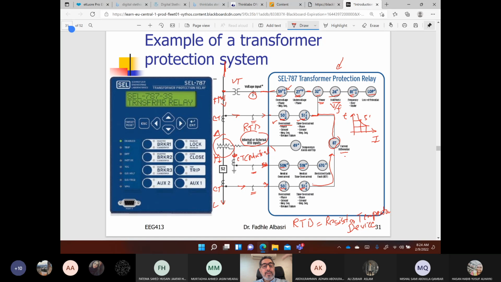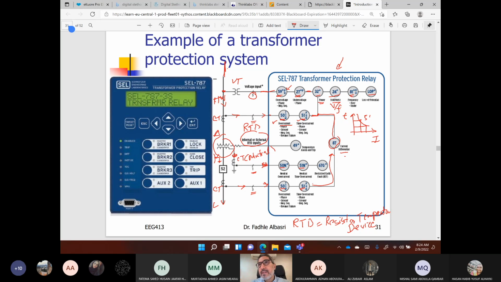Or if it's a motor or a generator, I can insert this detector on the generator stator or motor stator windings. Sometimes this is also inserted in the bearing of the generator or the motor, so that I detect the temperature of the bearings.